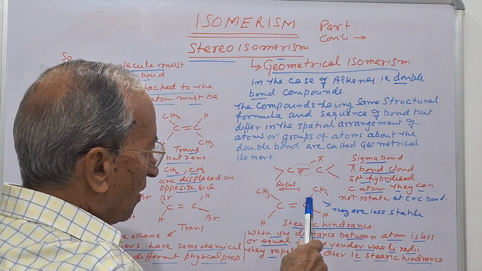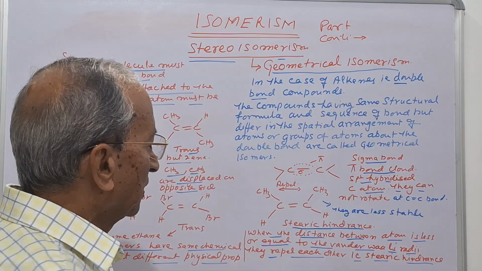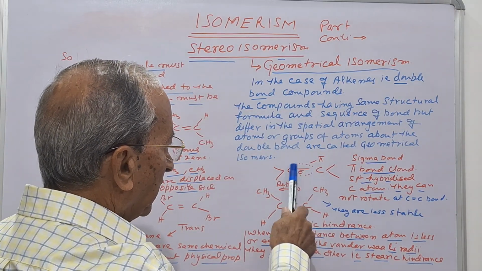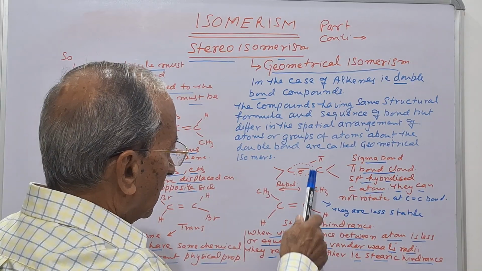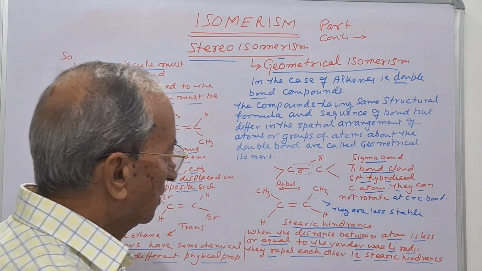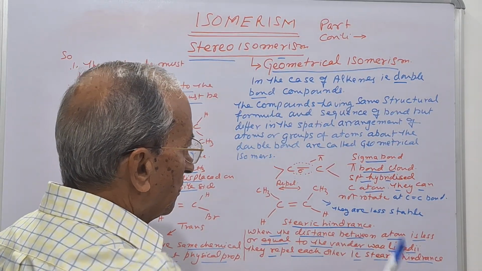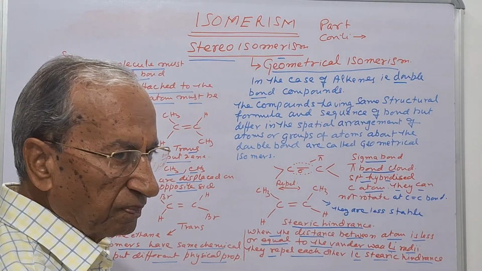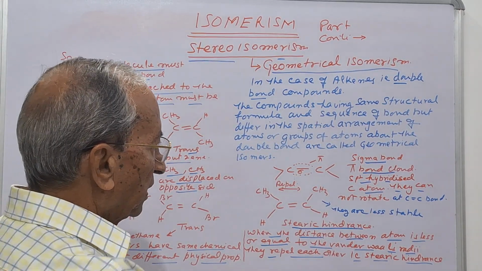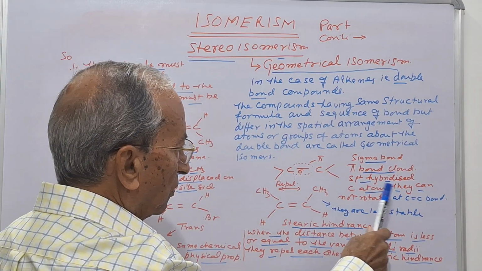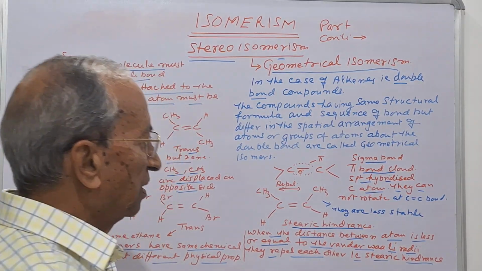If we take an example of a double bond, carbon having a double bond, you know in a double bond one is a sigma bond and the other is a pi bond, that is a cloud around the sigma bond, and this pi bond is formed by sp2 hybridization.